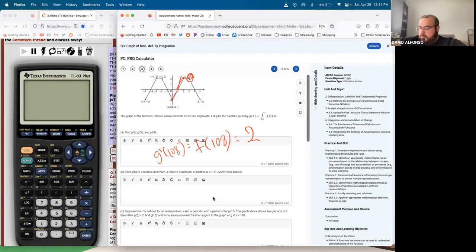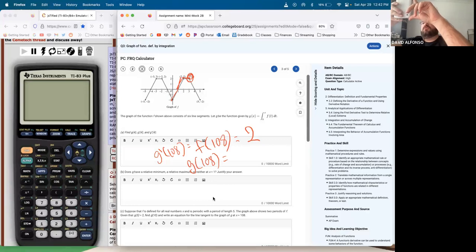Now I need to find what is g of 108. Oh my. So if this repeats every 5, that means that there is 21 of these with an additional.